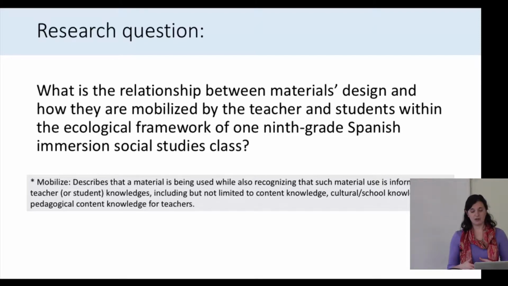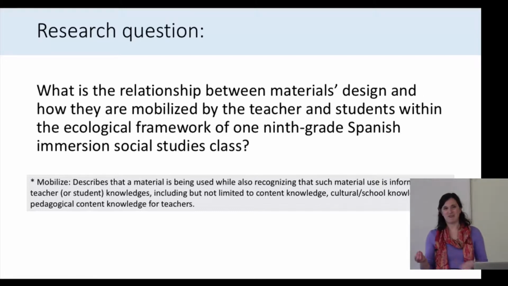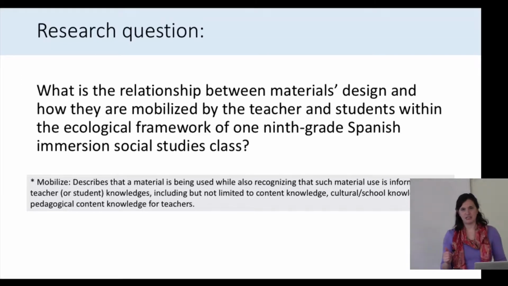It also acknowledges their experiences as individual actors, and as actors mediated by the sociohistoric context. And so that's why I'm using material mobilization rather than use, to add that extra dimension into my definition.